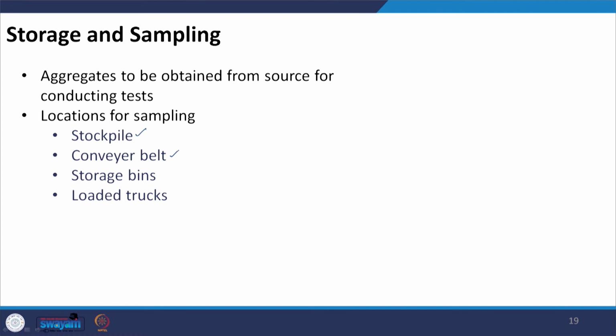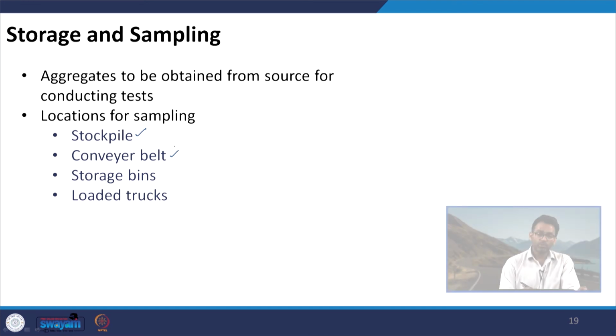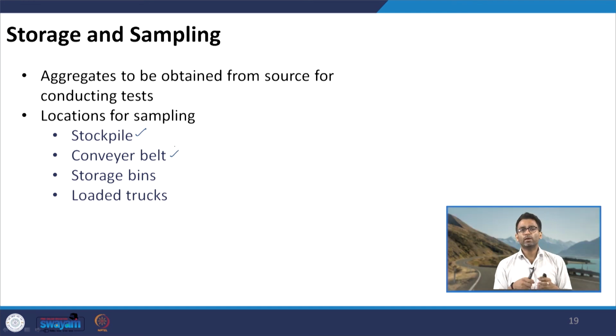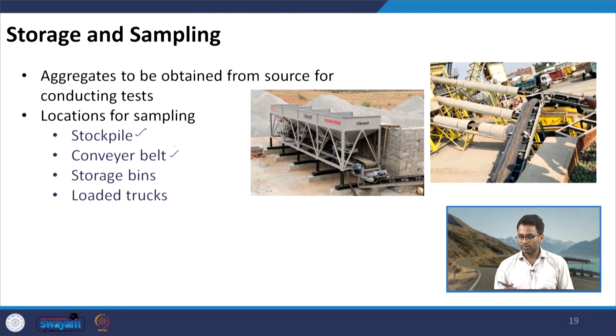There are various locations from where aggregates can be sampled. For example, aggregates can be taken from the stockpile which we have just created in the plant. It can be taken from the conveyor belt, something like this which you can see here.